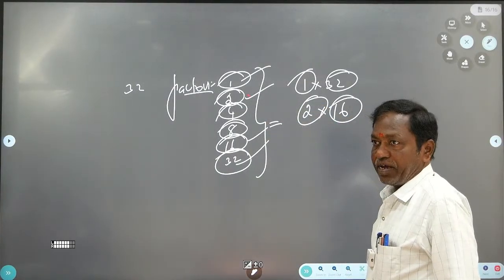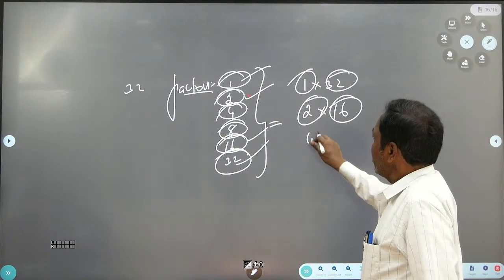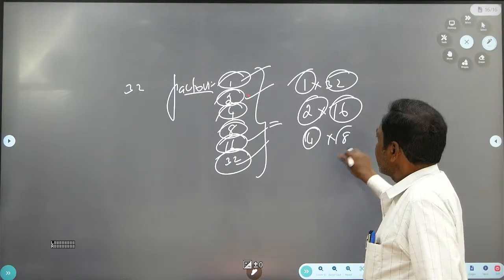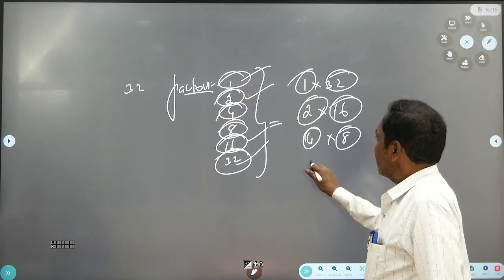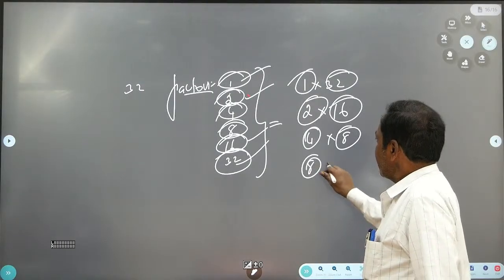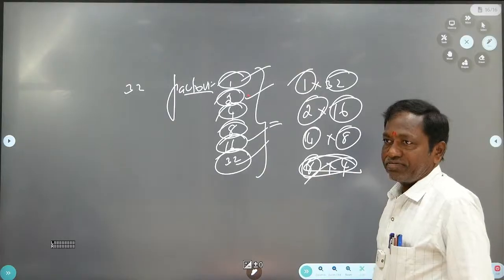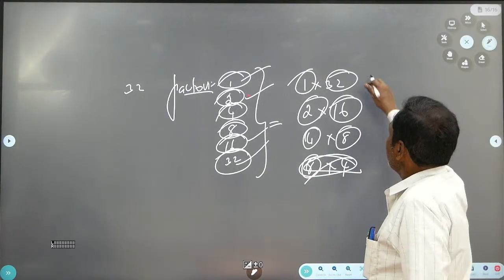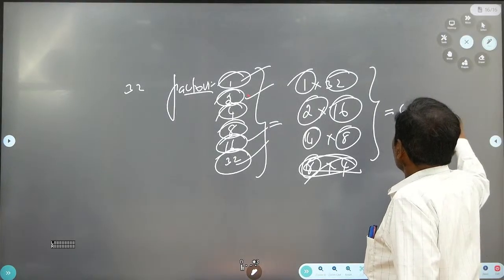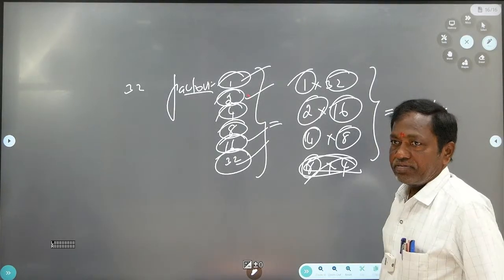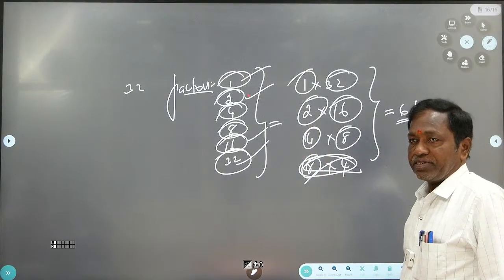Pair factors you have to see. 3 is not possible. 4 into 8. Then 8 into 4, same is there. You stop here. So there are totally 6 factors. But you have to find them in pairs.